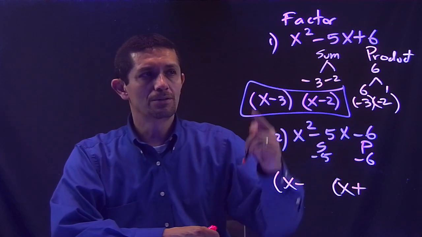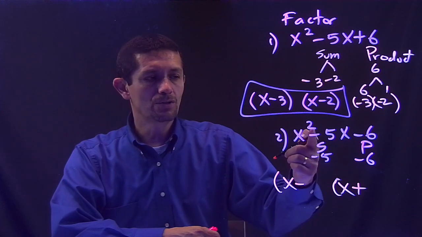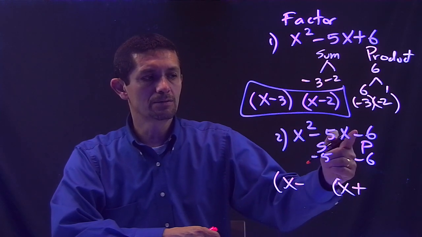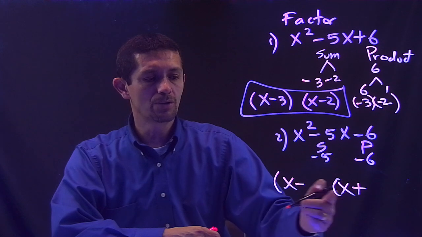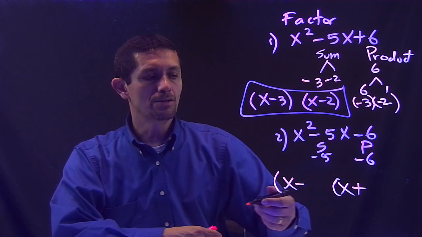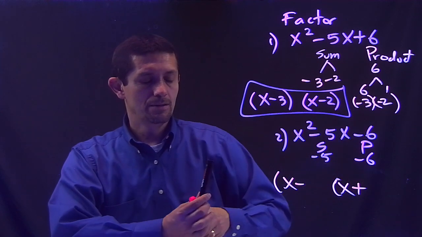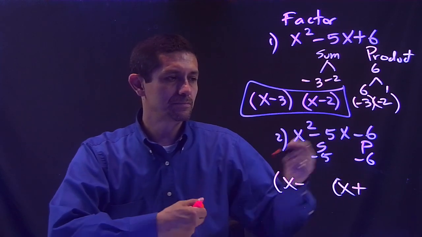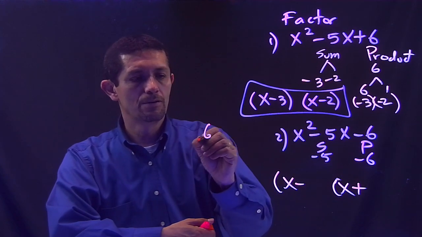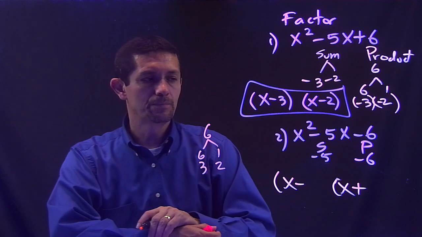Now, on the first problem, both of them were negatives. According to this, negative times negative is positive. According to this, I want to have two numbers with different signs. So let's go back. How do you get a 6? Either by 6 times 1 or 3 times 2.